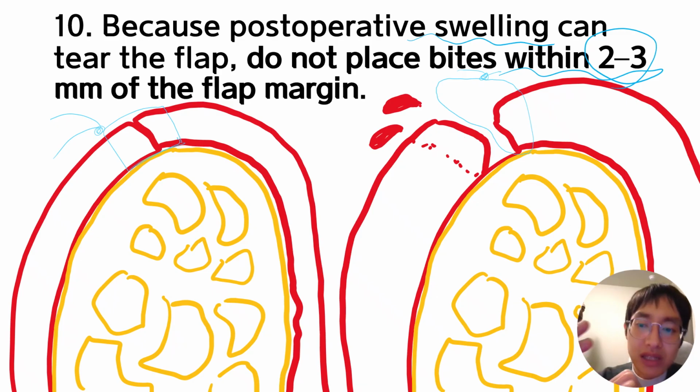Another reason is that if you puncture too close, there is a high chance you can tear the tissue while suturing. So give a good room, 2 to 3 millimeters.